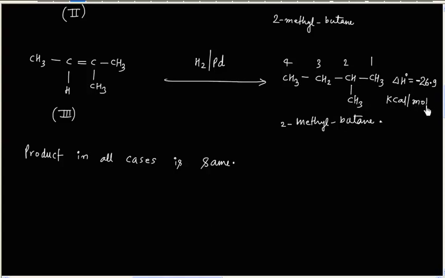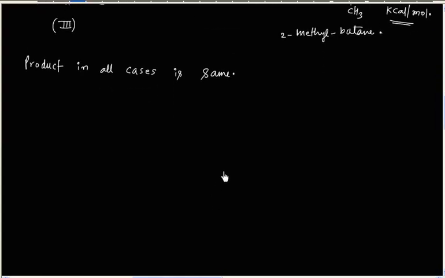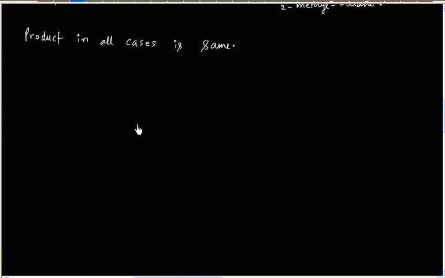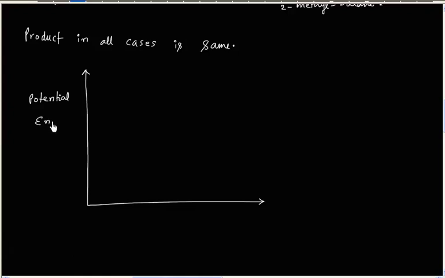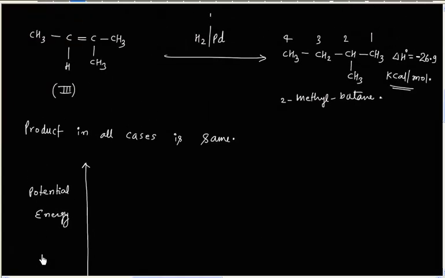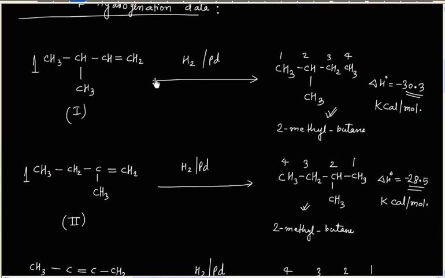Now we can use this data to compare the relative stability of these alkenes. So let us first make a potential energy diagram. On the y-axis we have potential energy of molecules. Let us say we have the first reaction. This alkene will have more energy than the corresponding alkane because this much amount of energy is released.